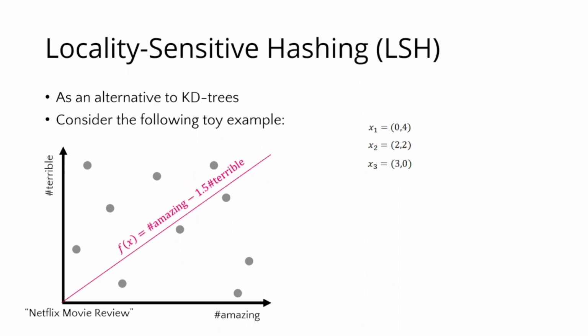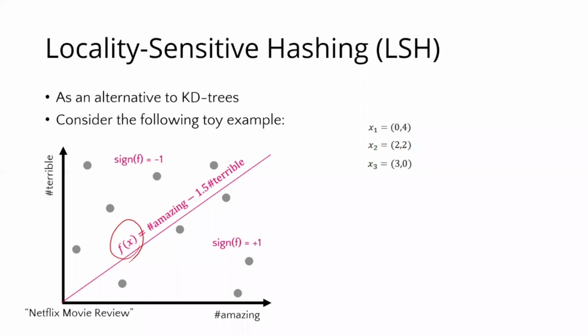locality-sensitive hashing. The idea last time was to use what is called a hash function, which is the mathematical function defined here as f(x). You put the data points into that function, and depending on what the function output is, you can classify the points into different buckets.